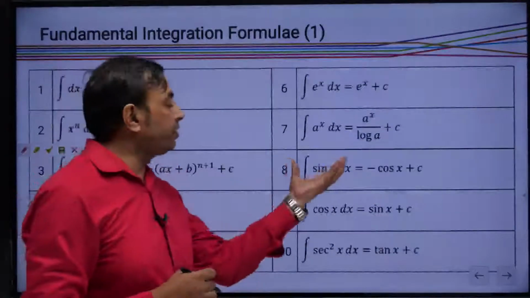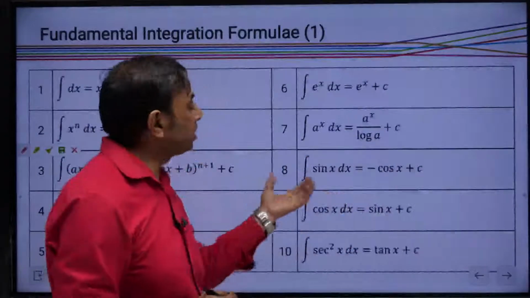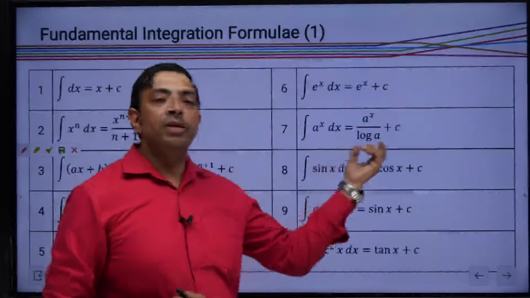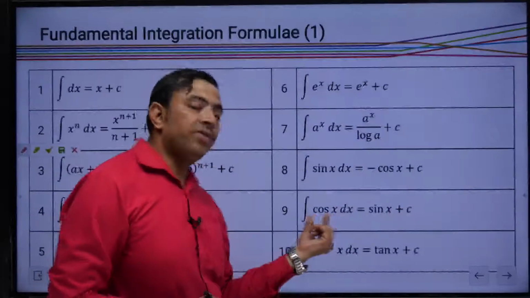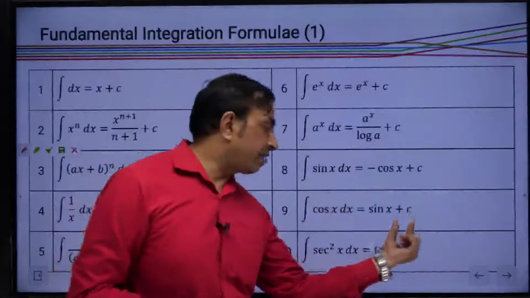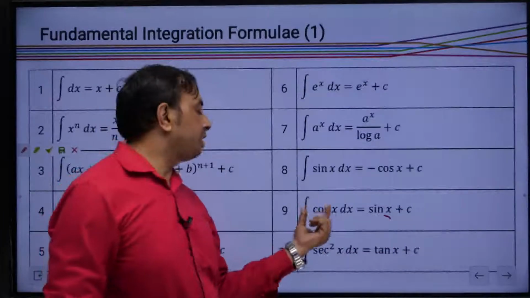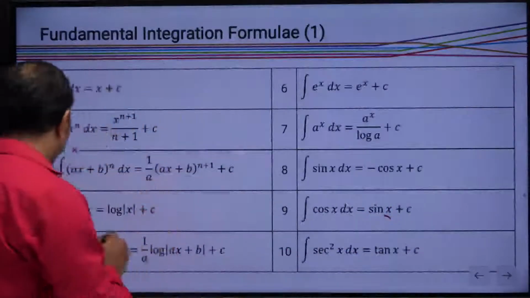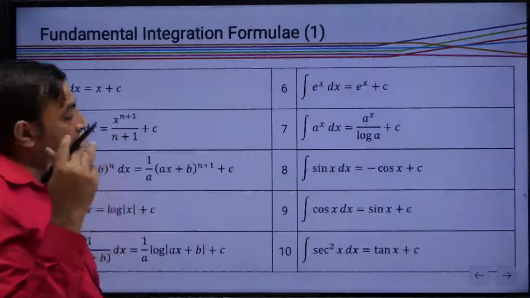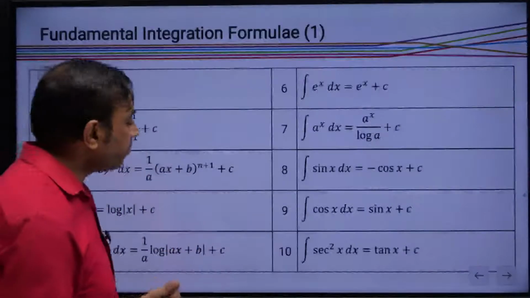In differentiation, the derivative of sin x becomes positive cos x, but in integration, the integration of sin x becomes negative cos x. While in differentiation, the derivative of cos x was negative sin x, in integration, the integration of cos x becomes positive sin x. That is one point that we need to memorize.